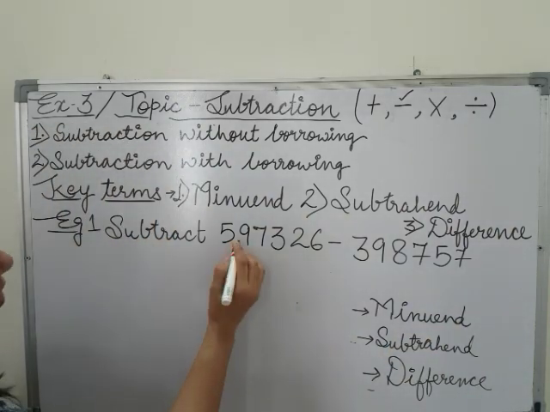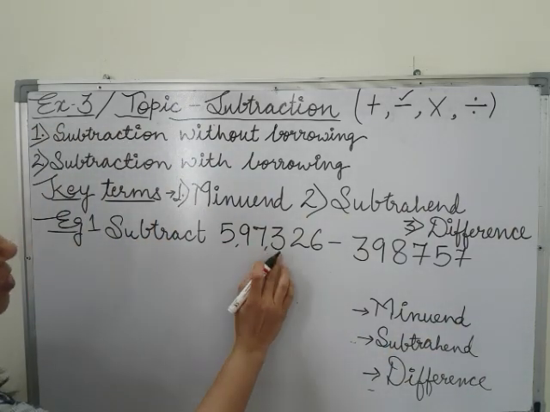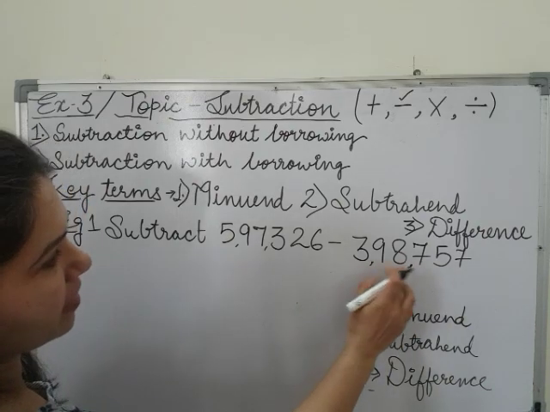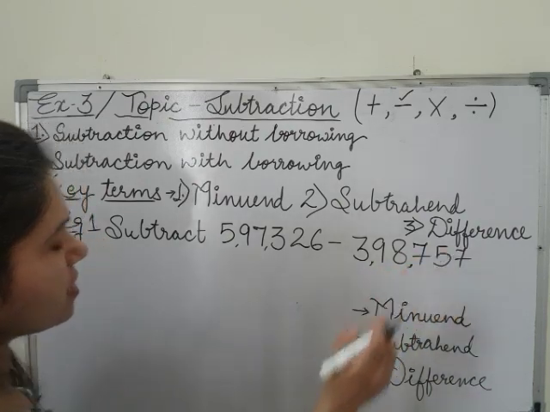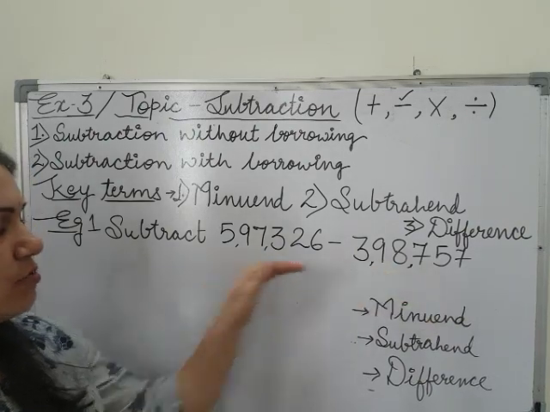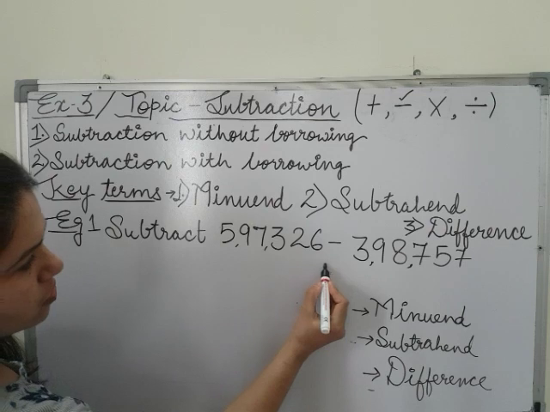Now the first number is 5,97,326 and the second number is 3,98,757. The procedure is the same, that first we arrange these two terms according to their places.